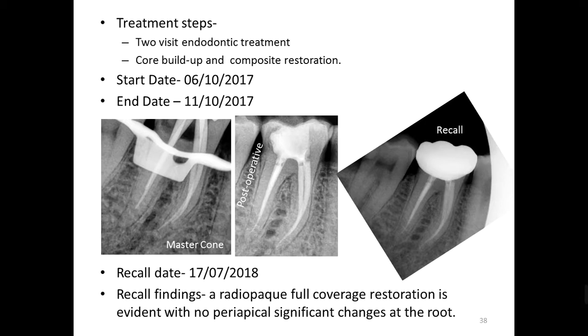They are very safe and you can use them fearlessly in canals even with a lot of curvature. So the learning point in this case was using a rotary or reciprocation system safely in a single visit case.